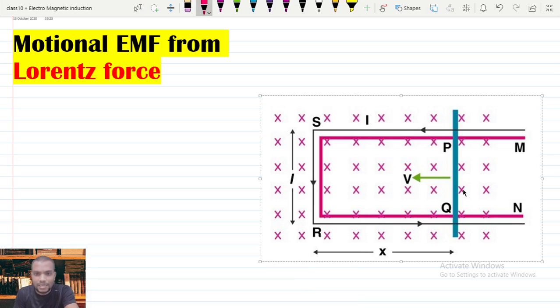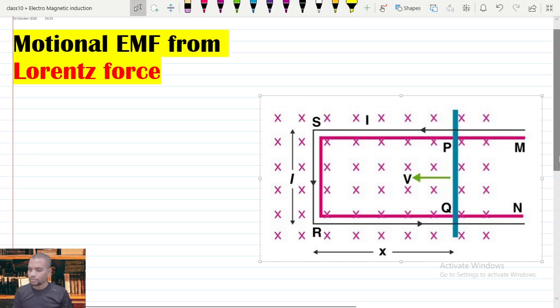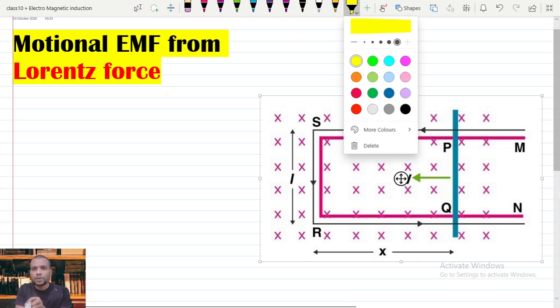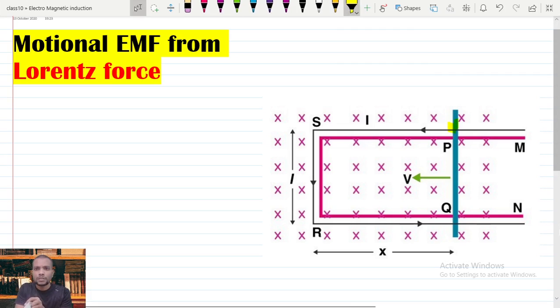So we take the same figure. Consider a rectangular conducting frame, MSRN, and in this frame PQ is a movable arm, which can be moved from left to right.